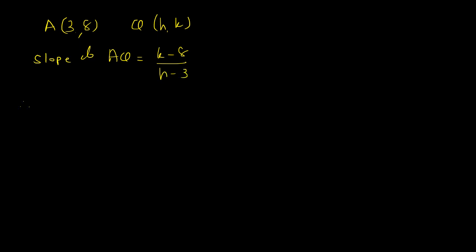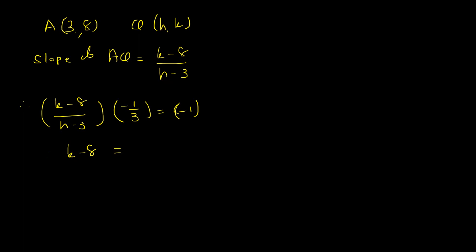So using the previous result, slope of AQ, k minus 8 upon h minus 3, into the slope of that line, that is minus 1 by 3, is equal to minus 1. So finally I have k minus 8, opposite side, is equal to, I can write 3h minus 9, right? I'll use this result again in future.